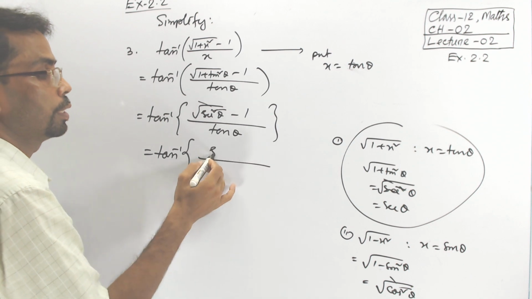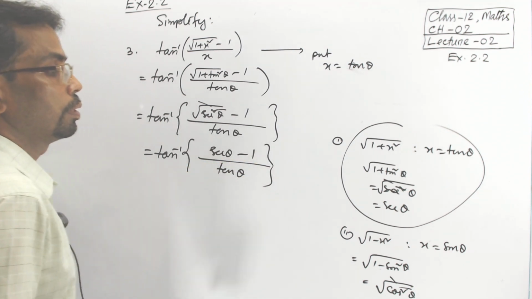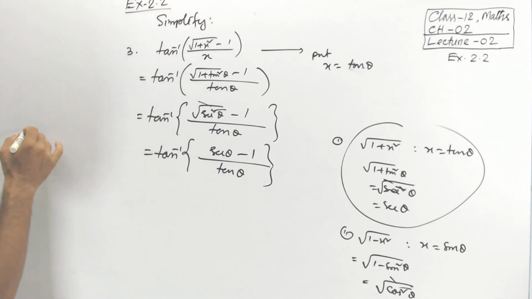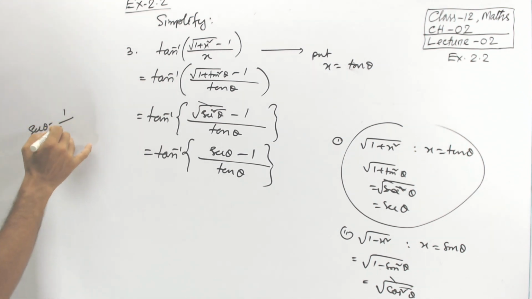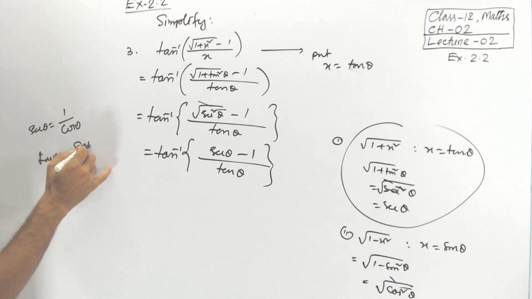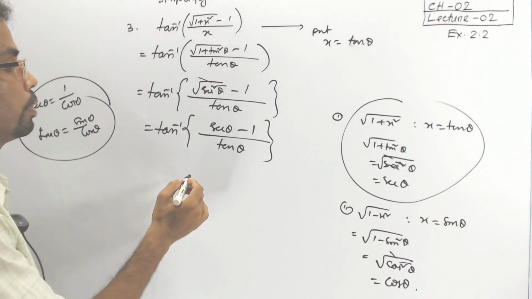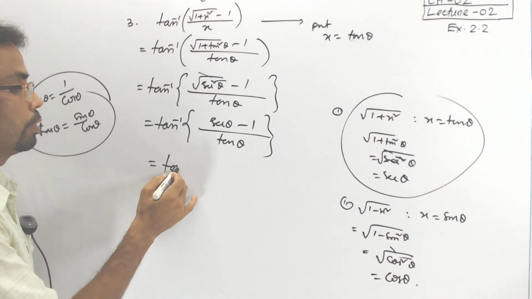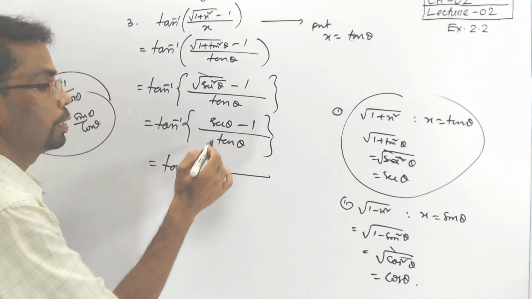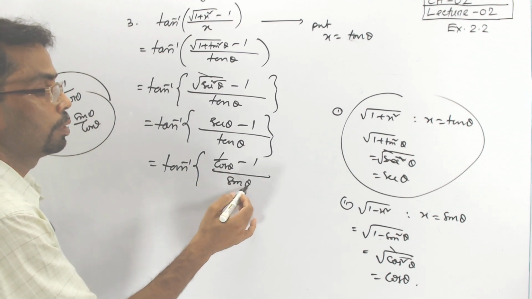It is remaining sec theta minus 1 by tan theta. Then class 10 we have learned formula sec theta is 1 by cos theta, tan is sin by cos. So I can use this formula. So it is now tan inverse, sec theta is 1 by cos theta minus 1 by sin theta by cos theta.